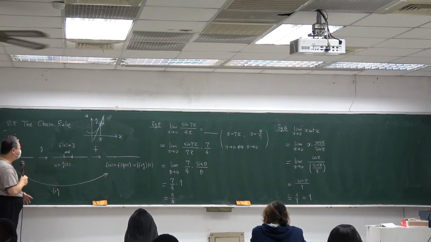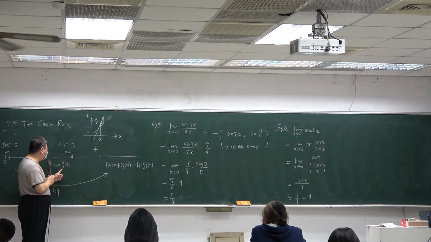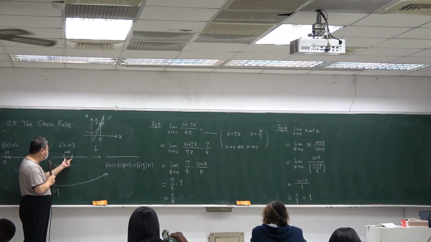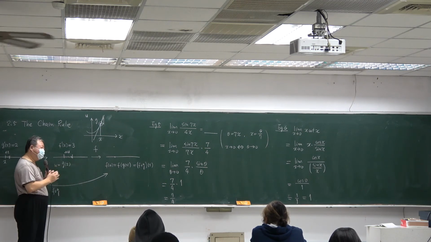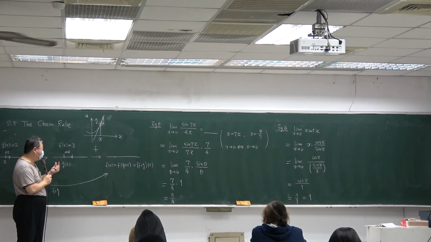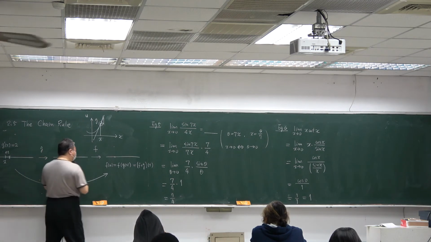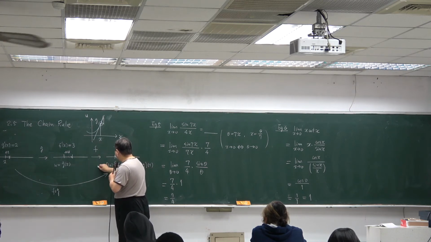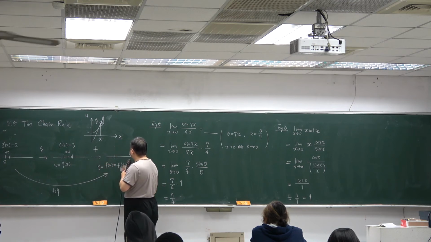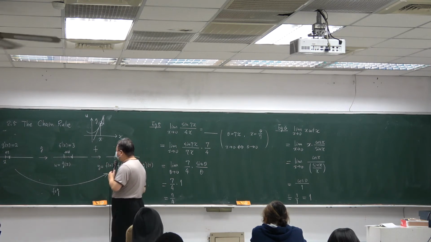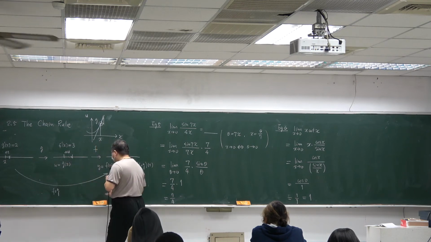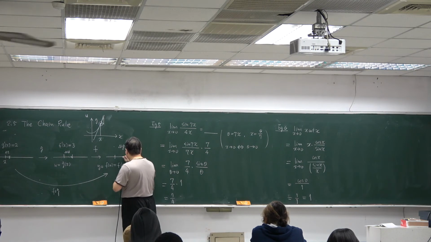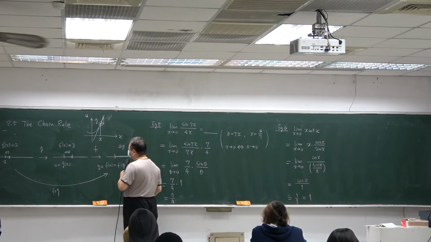Okay. Again, if f is differentiable at g of x, suppose this is 10, then if delta u is not so large, maybe very small, then the corresponding delta y will be 3 times of this one. So this is delta y.